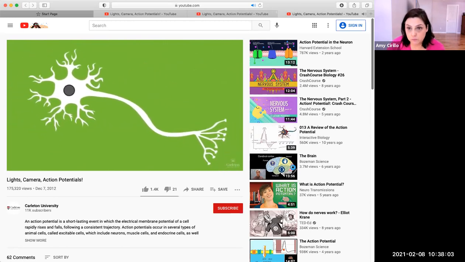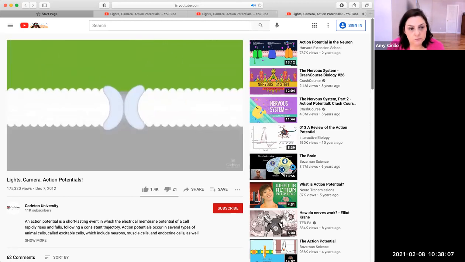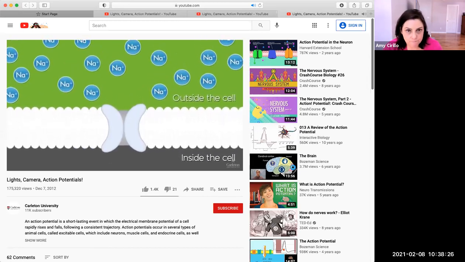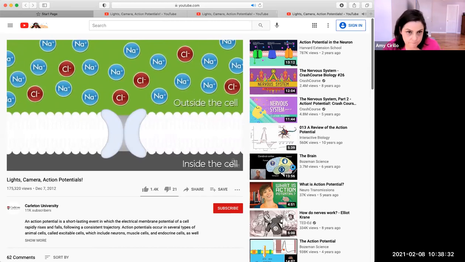Each neuron holds an electrical charge. When a neuron is in a resting state, the charge is about minus 70 millivolts. This is mainly due to the difference in concentration of ions, essentially positively or negatively charged particles, inside and outside the cell. The outside of the cell has a high concentration of positively charged sodium ions, as well as negatively charged chloride ions, more commonly known as salt or sodium chloride.